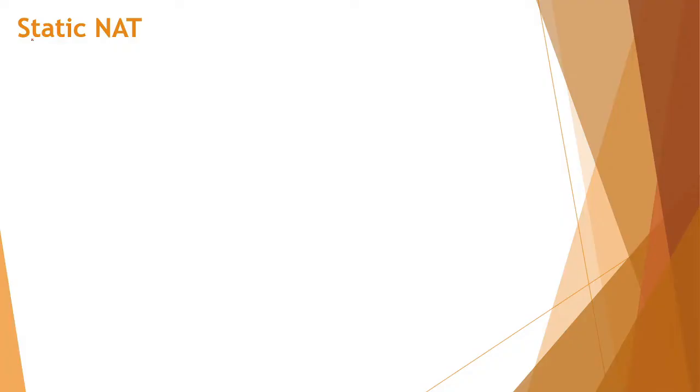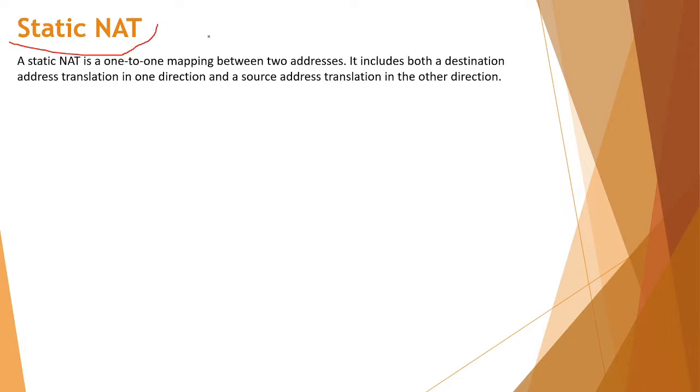So let's discuss static NAT. What is static NAT? Static NAT is a one-to-one mapping between two addresses. And one very important thing is that static NAT is bidirectional. What does it mean? It means that the destination address will translate in one direction and the source address will translate in the other direction.